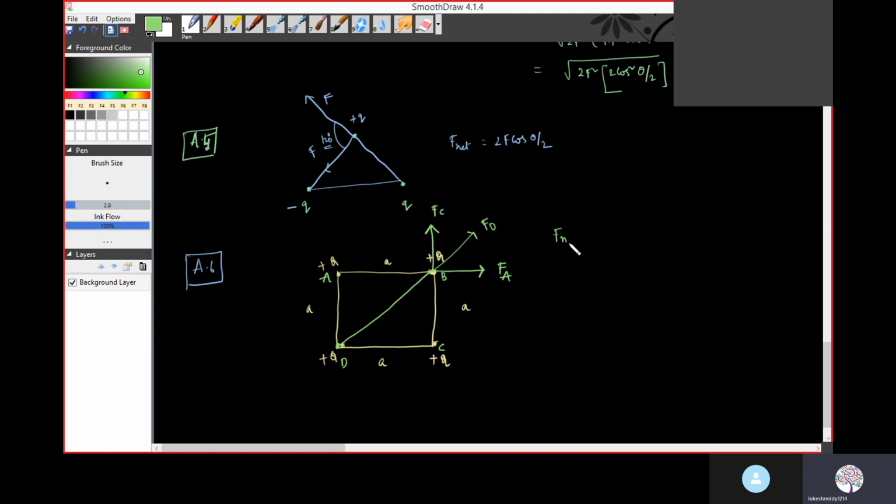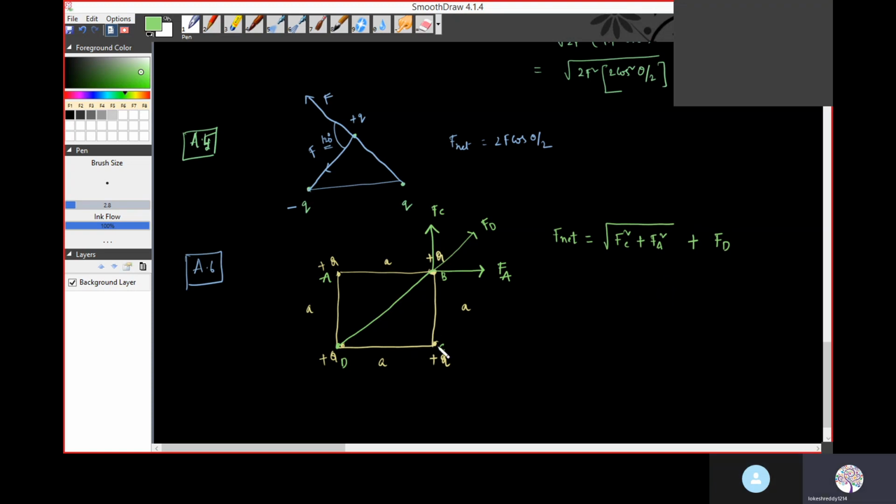F net is equal to, now as you can see, FC and FA are perpendicular to each other. So I will write root of FA square plus FC square plus 2 FA FC cos 90. Cos 90 term will become 0. So we write FC square plus FA square, plus FD.